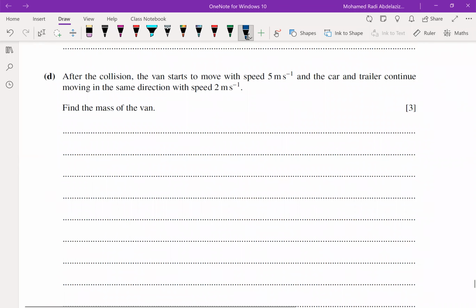Part D, after the collision, the van started to move with speed 5. The van, its initial velocity is 0, but its final is 5 in that direction. If I use it positive, so it will be positive.